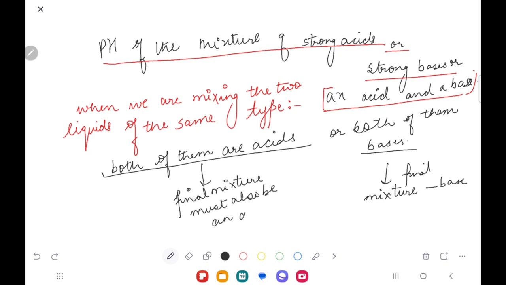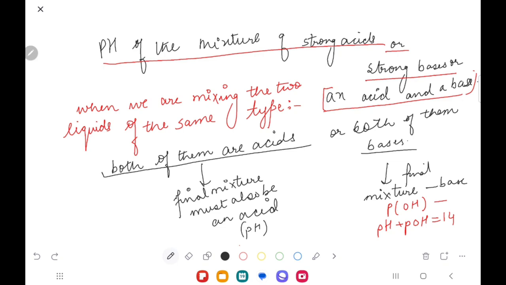Yes or no? And for acids, you remember, we calculate pH. But for bases, we calculated pOH first and then we applied the formula pH plus pOH equals 14.